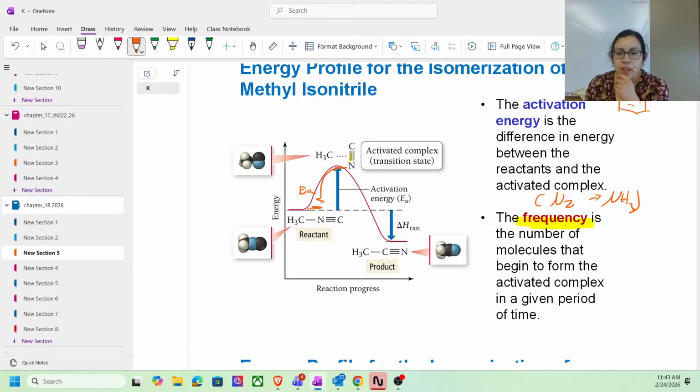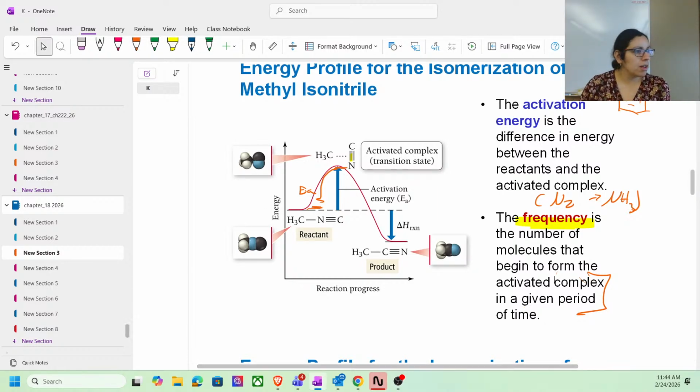No, I'm joking. But basically, frequency is just the number of molecules that begin to form the activated complex in a given period of time. If you were trying to do some sort of cool catalytic activity, you're comparing it to some standard and trying to get to a certain frequency, so that would be a cool breakthrough, or not.